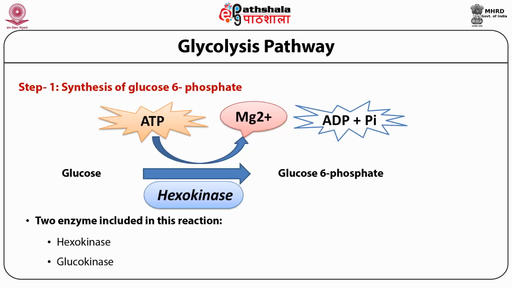The phosphorylation of sugars is the base for the synthesis of ATP. You can see in the figure that during this stage, ATP is converted to ADP and one inorganic phosphate.